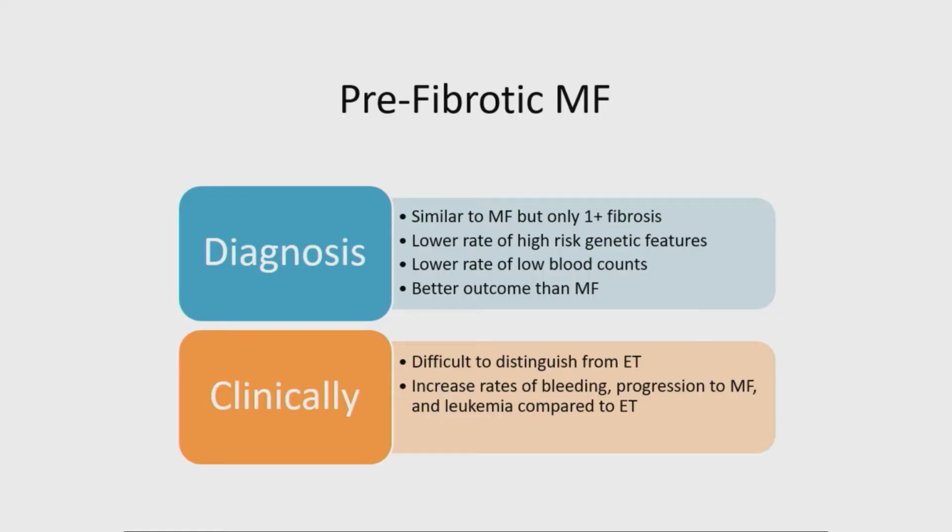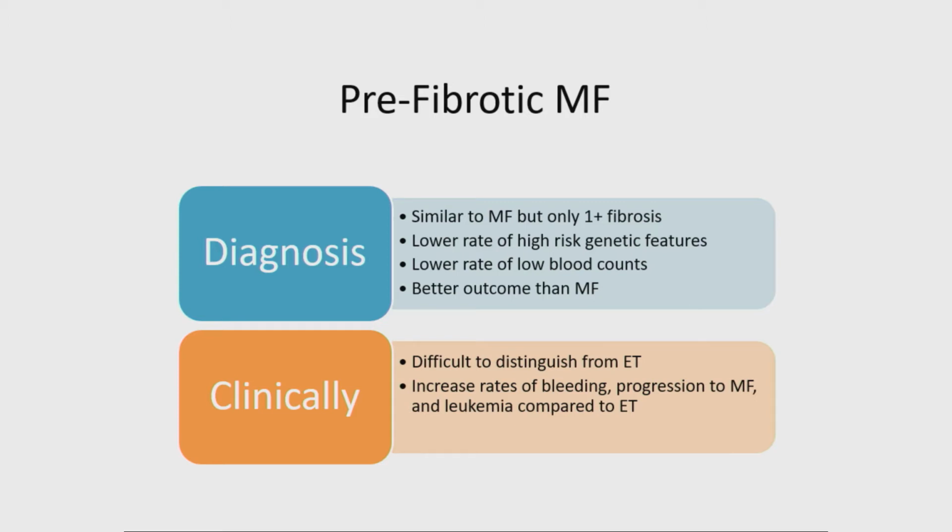And then I spoke about this a little bit before, again, to make the point of why it's important to do a bone marrow biopsy. There's this entity called prefibrotic myelofibrosis, where basically the patient's blood counts may look like ET, but when a bone marrow biopsy is done, we see that there's a bit of scarring.